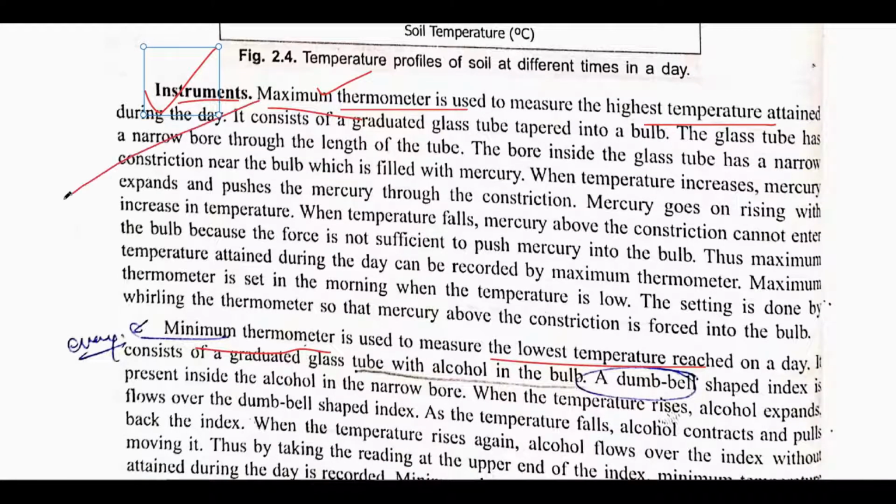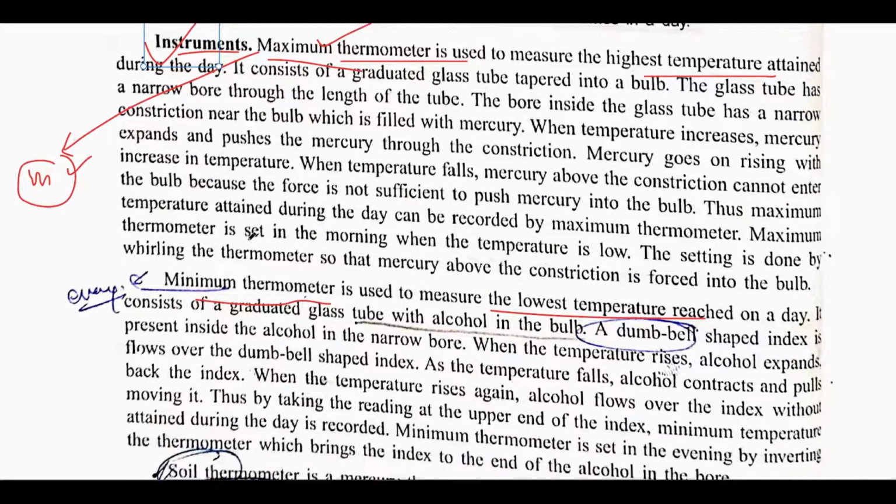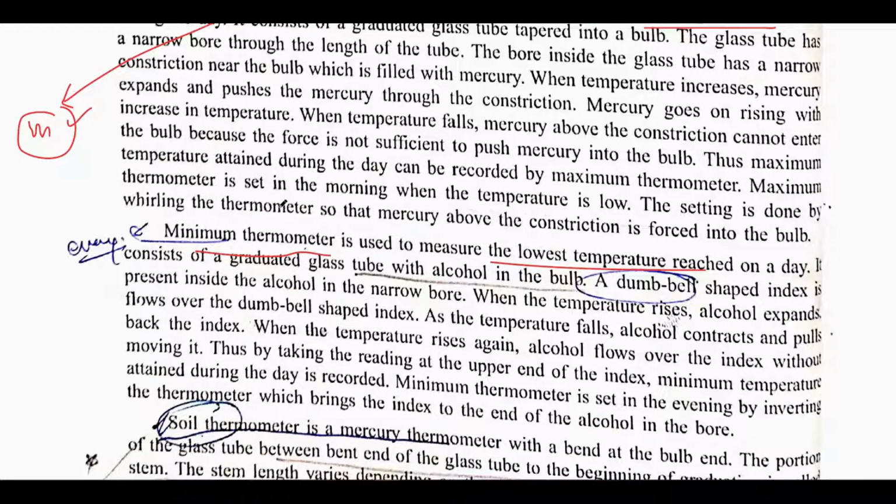The important part is that the maximum thermometer consists of mercury, as the normal thermometer also does, and there is a wet bulb present in the maximum thermometer, while in the minimum thermometer, instead of mercury, there is alcohol, and because of the alcohol there is a dumbbell-like shape within it, like this.